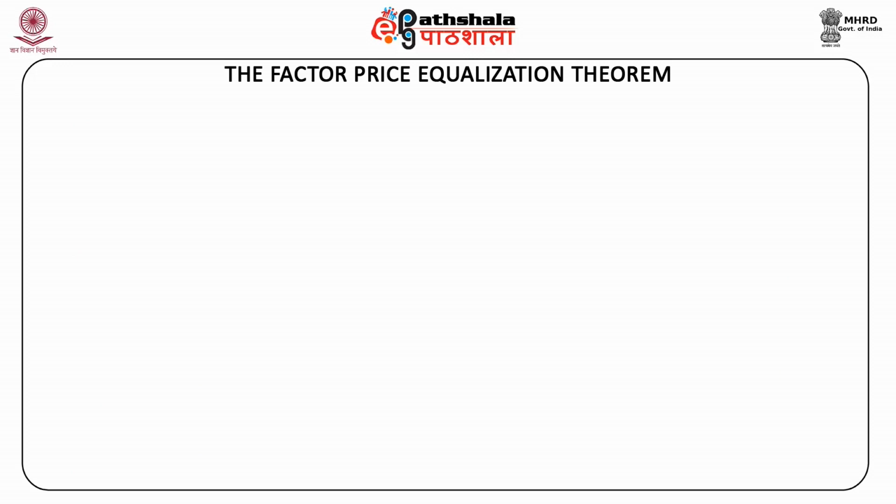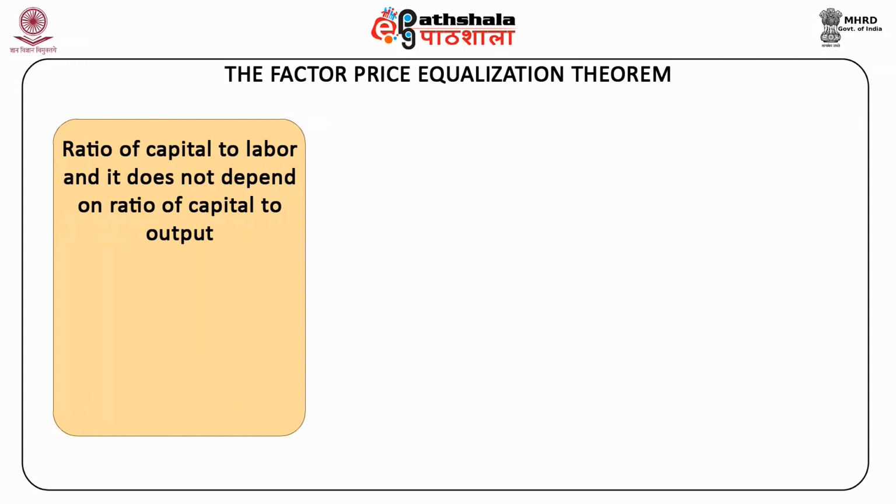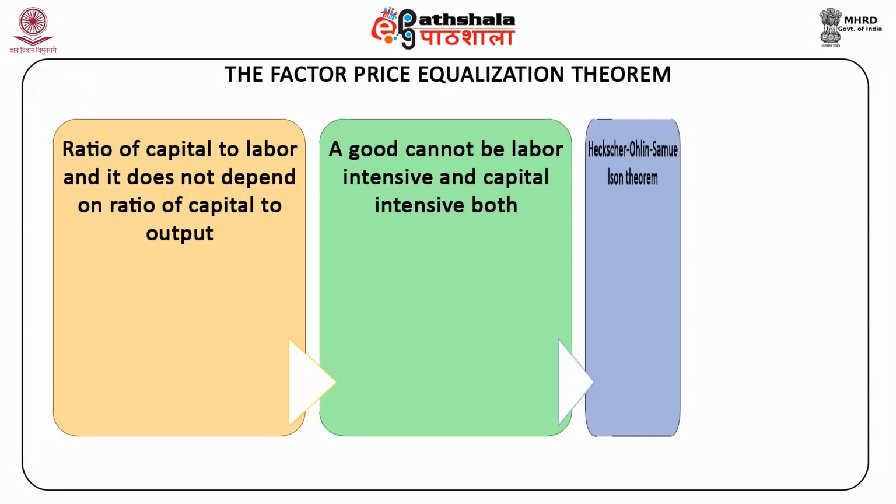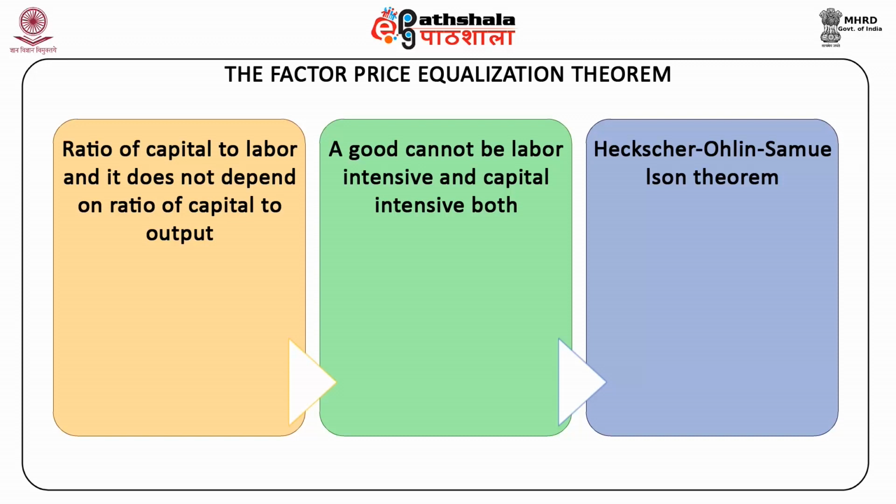The definition of factor intensity depends on the ratio of capital to labor, and it does not depend on the ratio of capital to output. It means a good cannot be both labor intensive and capital intensive. Since this theorem follows directly from the HO theorem and was developed by Paul Samuelson, it is also referred to as the Heckscher-Ohlin-Samuelson, HOS, theorem.